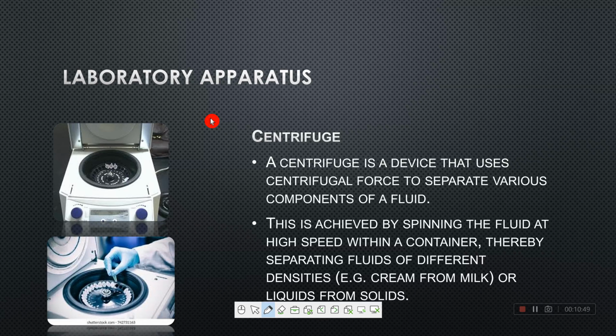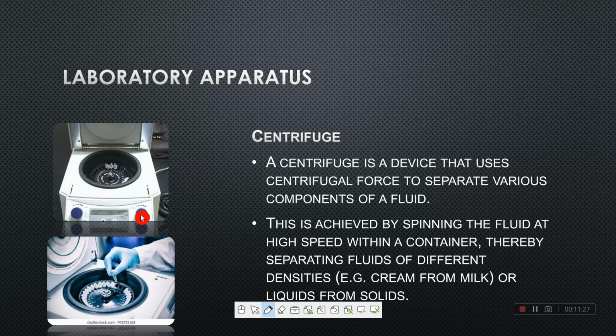For example, if we put a tube or vial of blood into this centrifuge, the different components of the blood will be separated on the basis of the density and the size of the components. Higher density, higher sized molecules will settle at the bottom, and the lower density molecules will be separated at the top of the glass tube.